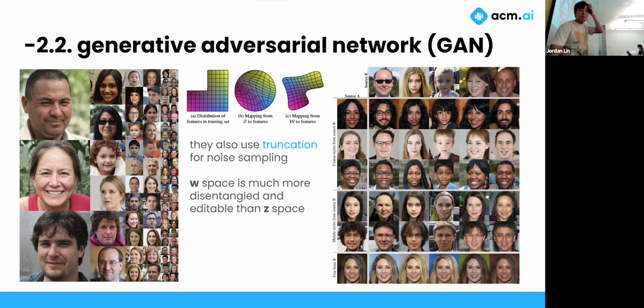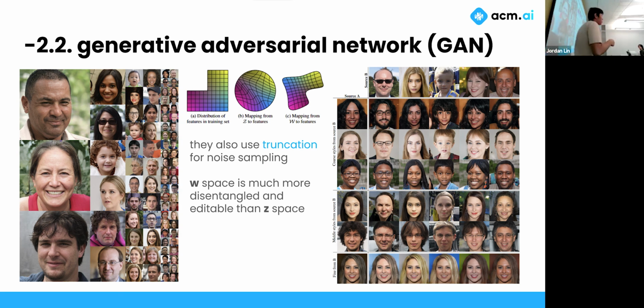What people found back in the days with normal GANs is that if you were to do the same thing as VAEs, where you take two starting noises and interpolate between them, yes, you'll get this smooth morphing from one image to another. However, what this W space allowed us to do is say we have an image of a person, say it's just my face, and another image of me that's nearly identical, but I have glasses on, right?